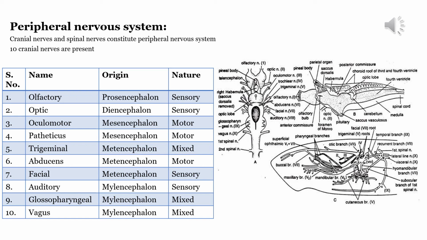Abducens is a motor nerve and facial is a sensory nerve. Then auditory, glossopharyngeal and vagus arise from the myelencephalon; of these the auditory is sensory, and glossopharyngeal and vagus are mixed nerves. So these are the 10 cranial nerves present in Petromyzon.